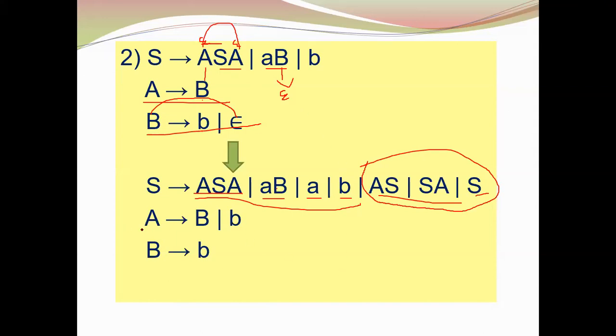Here, A tends to B, and epsilon, and B. How will it be? We substitute A tends to B, and for this B, I'm substituting B and epsilon. The B is already mentioned, and the epsilon is removed here. This is the way we can remove the epsilon production. Just we are substituting the epsilon value into the grammar.